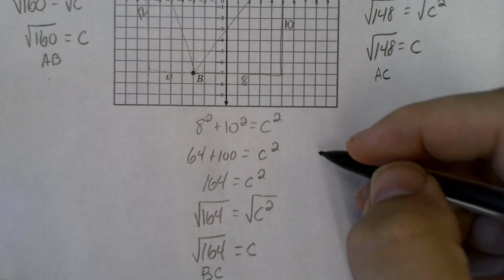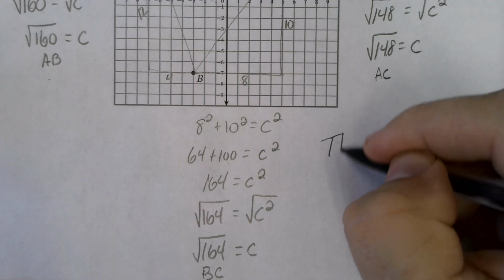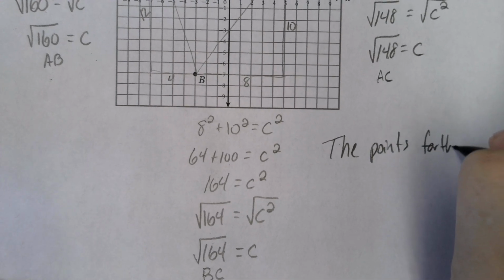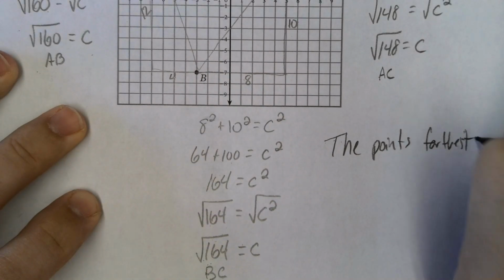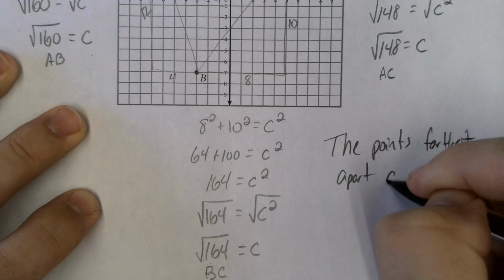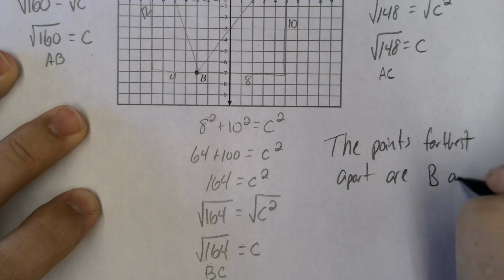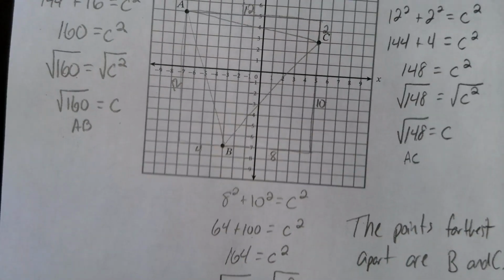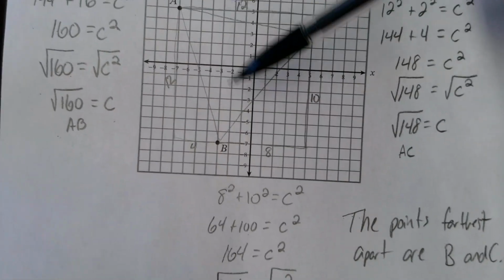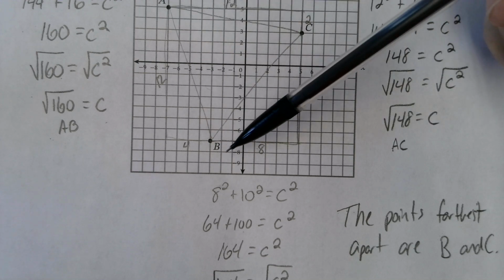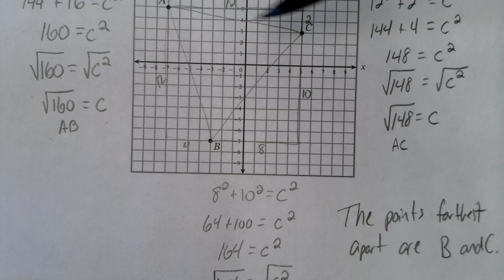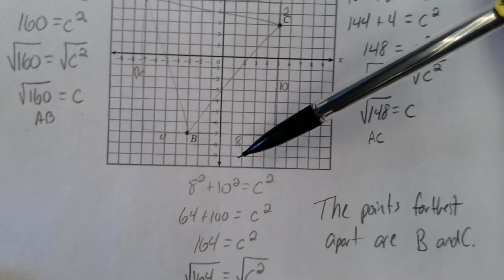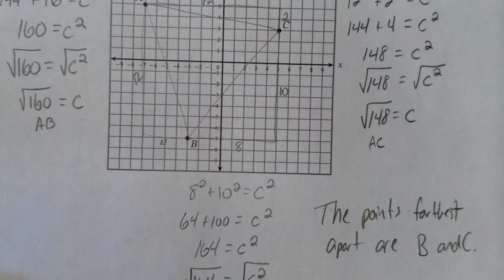So the points that are farthest apart are B and C. It says explain as well. By using the Pythagorean theorem to find the distances between each set of points, we determined that B and C are the farthest distance apart.